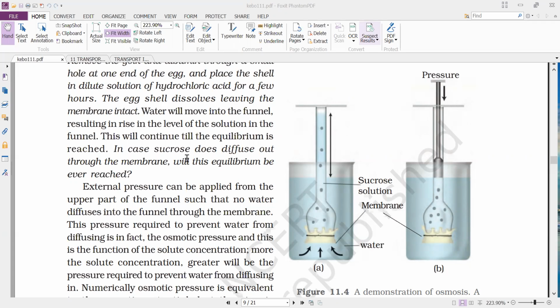Now the beaker has higher water potential, whereas the solution in the thistle funnel has lower water potential. So the movement of water will occur from the beaker through the membrane into the thistle funnel.